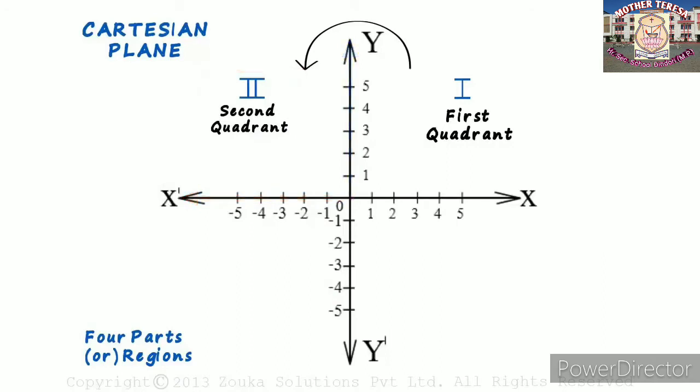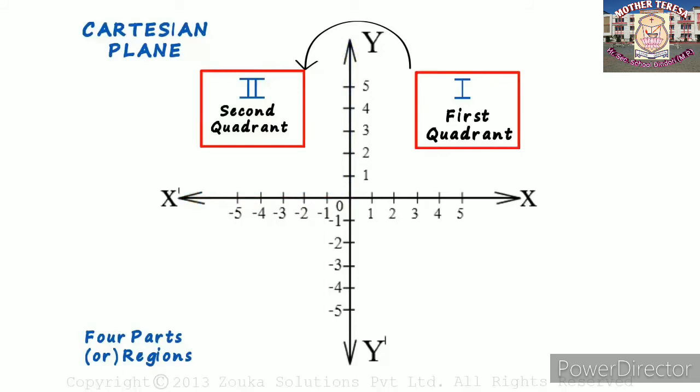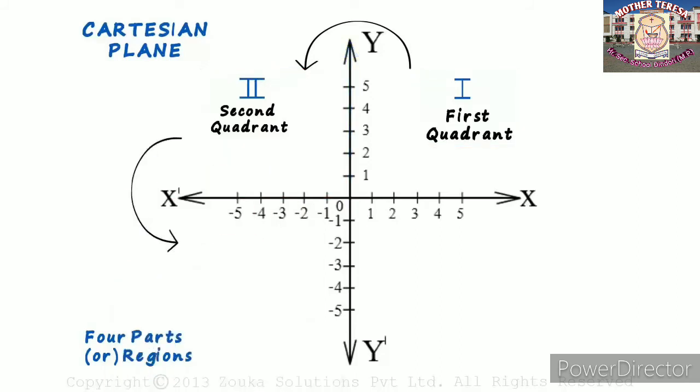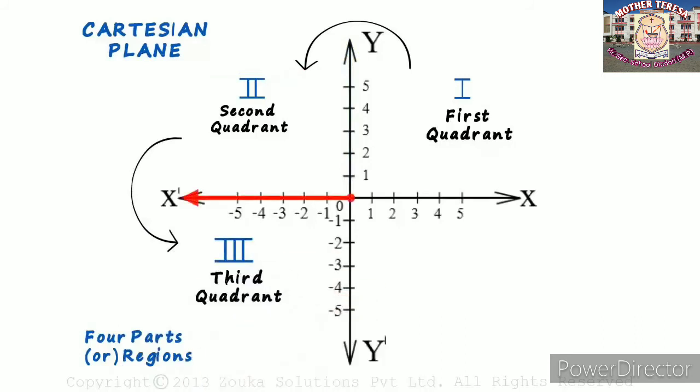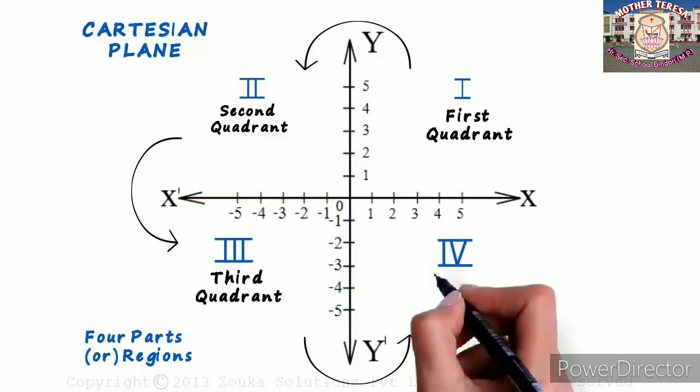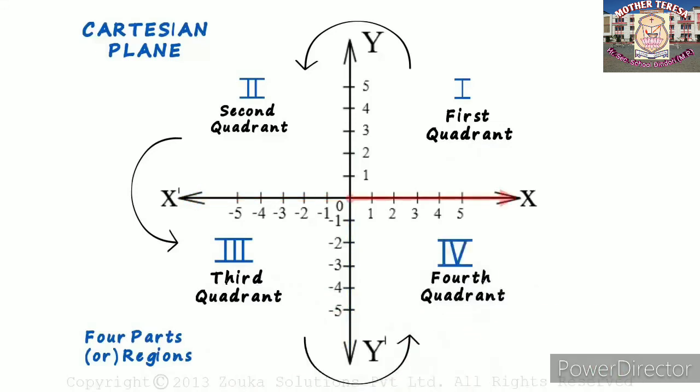So remember, for the first 2 quadrants, the y coordinates are positive. Moving in the anti-clockwise direction, this is the third quadrant where the x as well as the y values are negative. This region is the fourth quadrant. The x coordinates are positive and the y coordinates are negative.